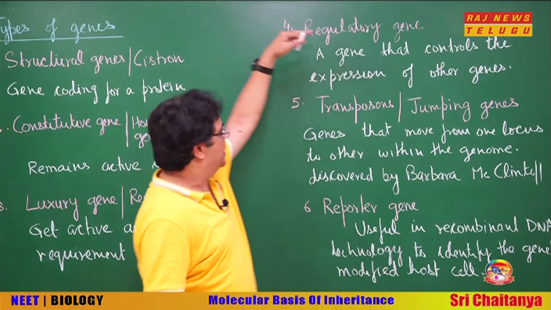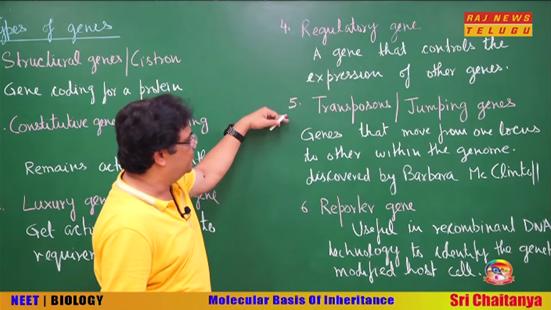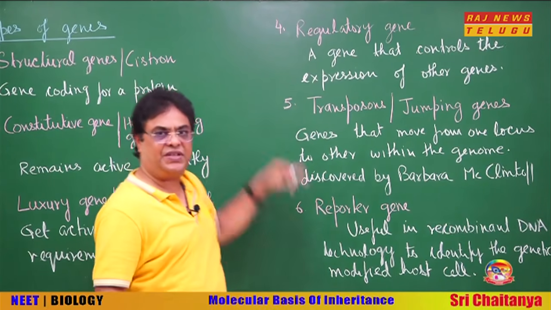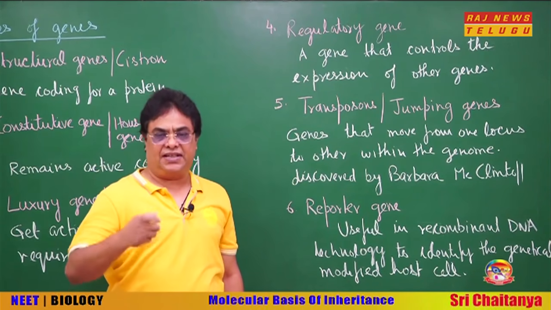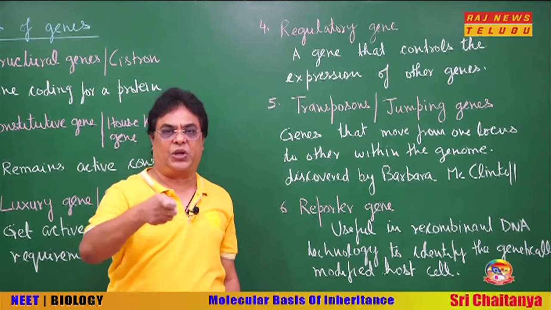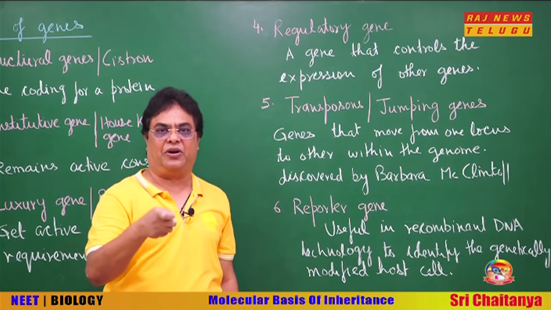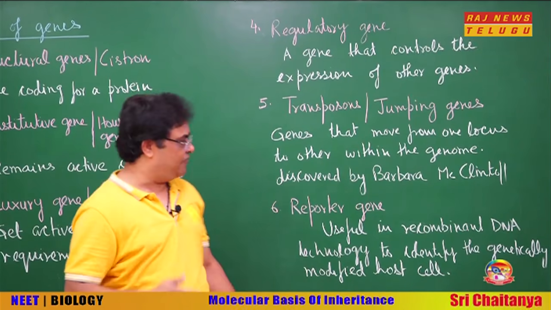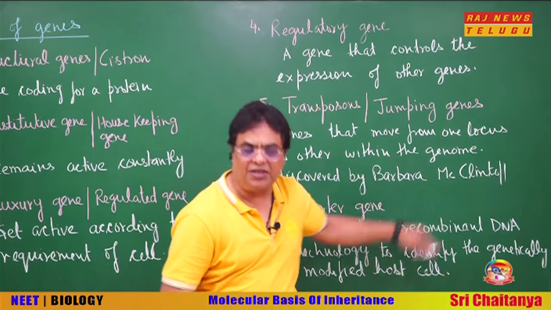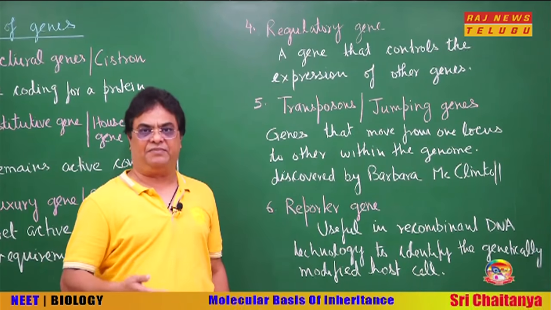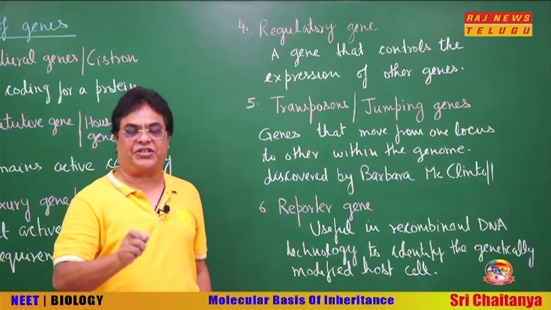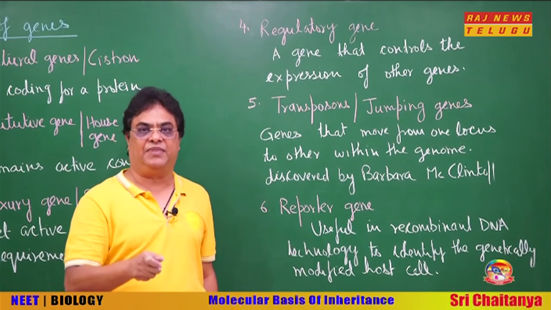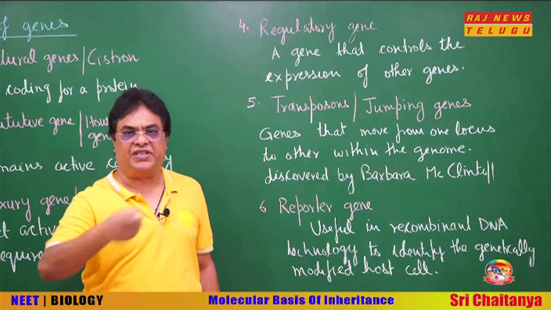Okay. Next, transposons or jumping genes. We had a concept after Morgan's work that genes have a fixed locus on the chromosome and they always remain there. But there was a scientist, Barbara McClintock. She performed her experiments in maize and she said that there are certain genes, or she called them transposable elements, that move within the genome.